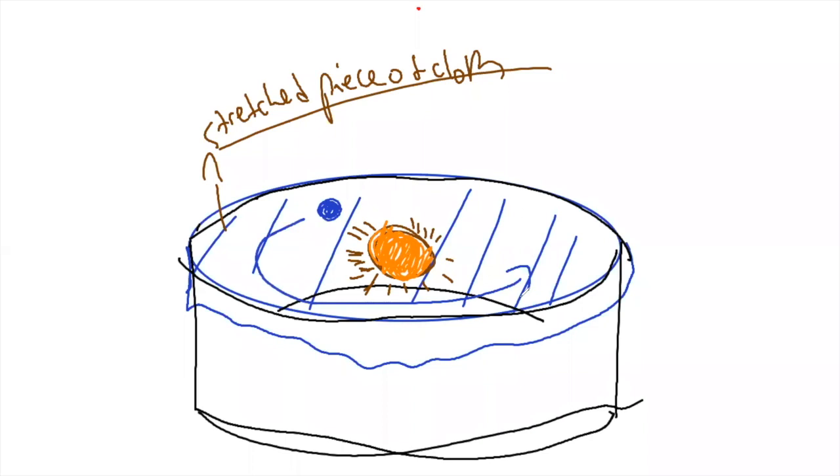Something amazing is going to happen. You know what's going to happen? This blue ball is going to start spinning around the sun. Now, obviously eventually it loses energy and falls into that, because this is just an experiment. We cannot replicate what actually is.